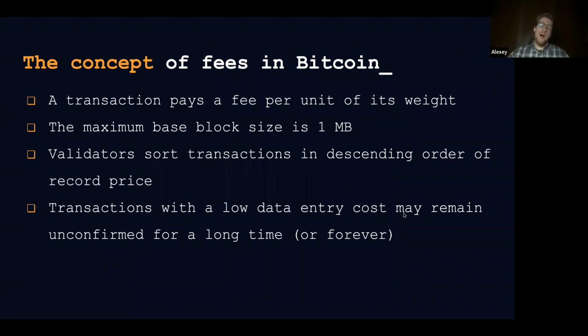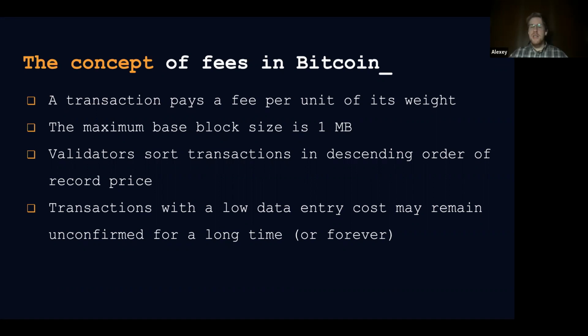We have already mentioned fees a few times, but never really got into them in more detail. Each transaction pays a fee per unit of its weight, and the weight is how much data we are including into this transaction. The maximum base block size is 1 megabyte. Validators sort transactions in descending order, usually of fee price, so the highest price will be on the top, and the lowest price will be at the bottom.